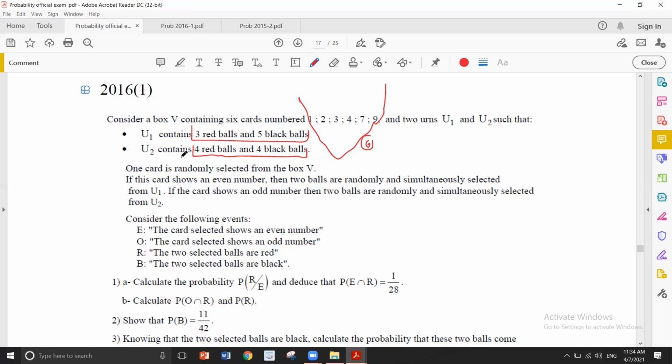Now we start the experiment. The experiment says one card is randomly selected from V. We draw one card from V. Is this card even or odd?